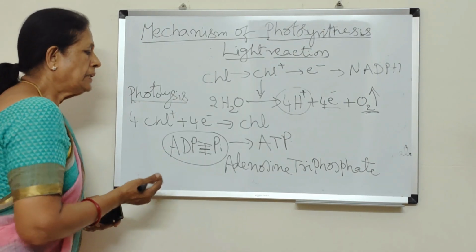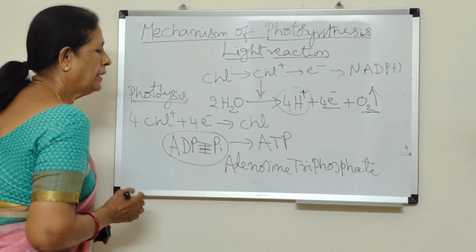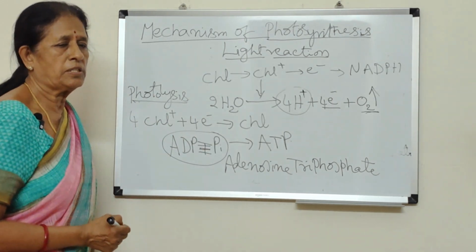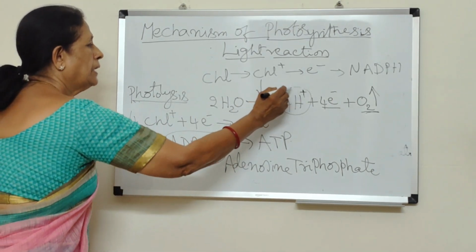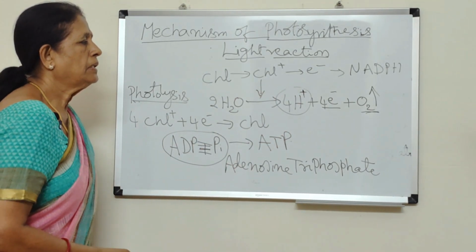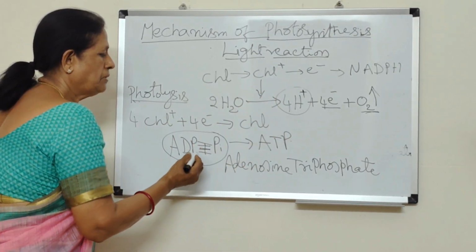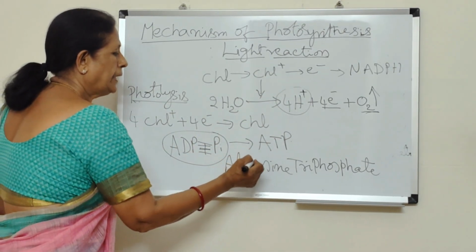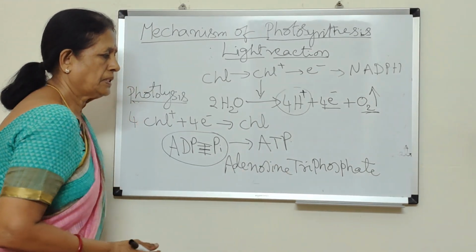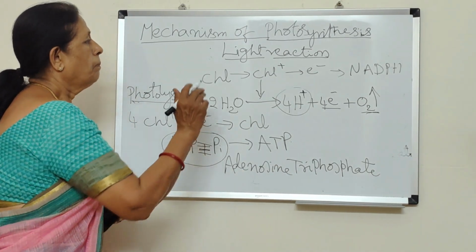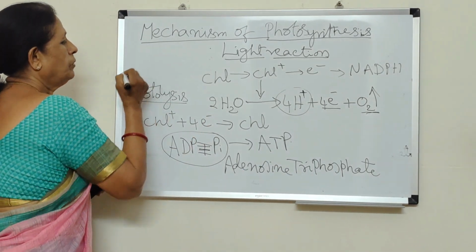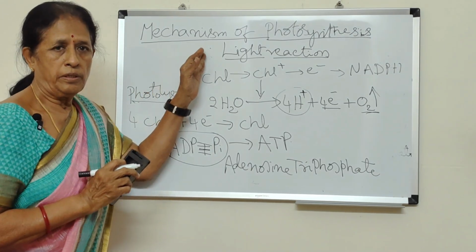So where is the energy to combine ADP and Pi, inorganic phosphate? The energy that is present in the protons, the hydrogen protons, is used for the formation of ATP, adenosine triphosphate. In this way, by the end of the light reaction, we can see this.